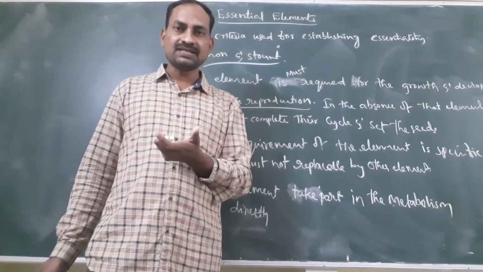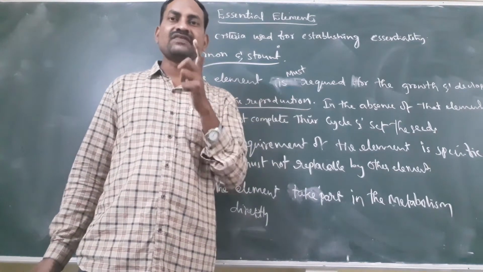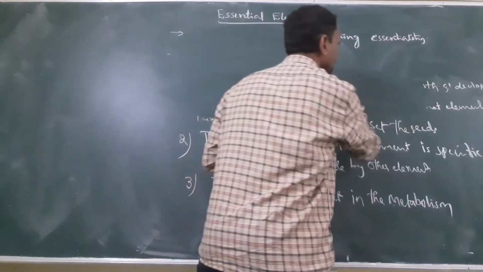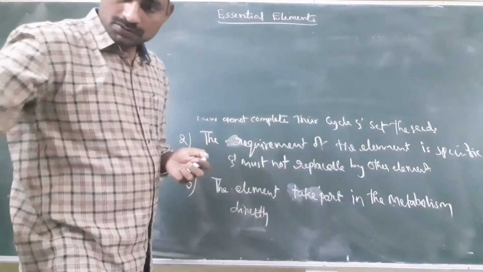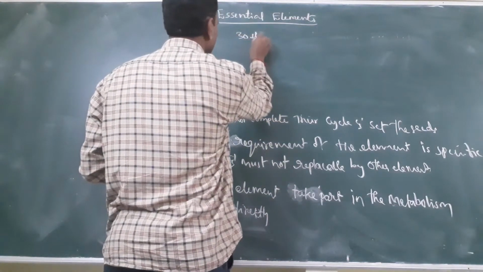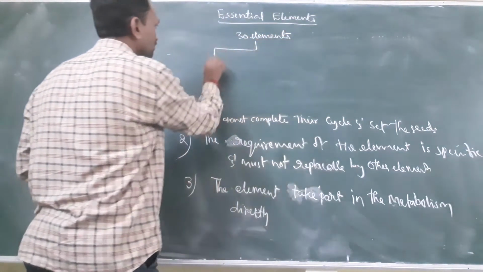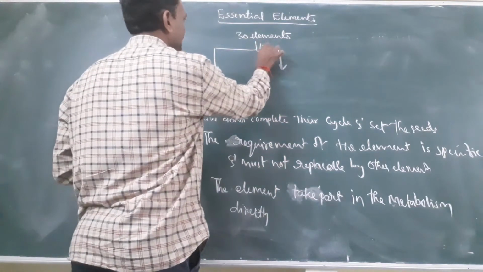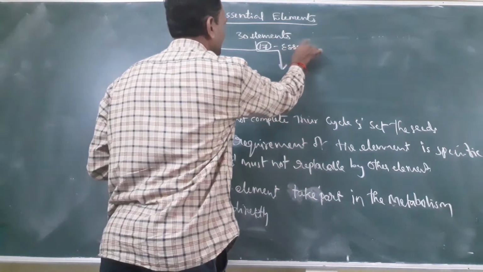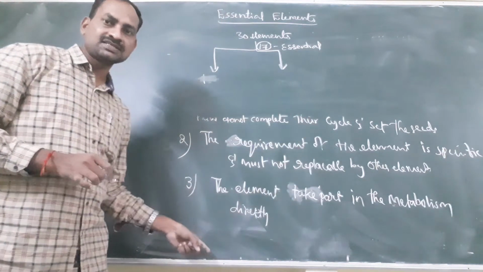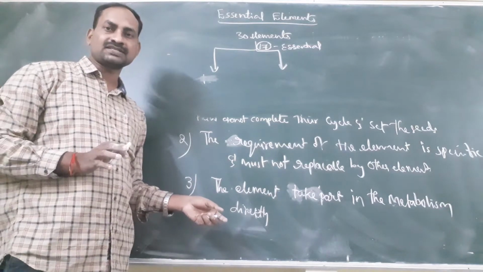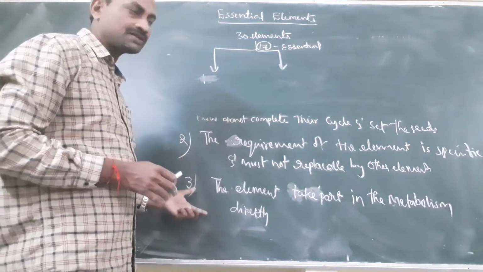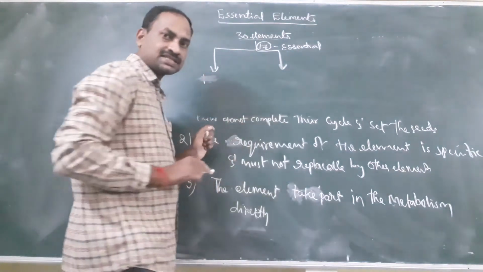Out of these 30 elements, 17 are essential elements, whose absence leads to all these things: the plant does not complete its reproduction and does not produce any seeds.